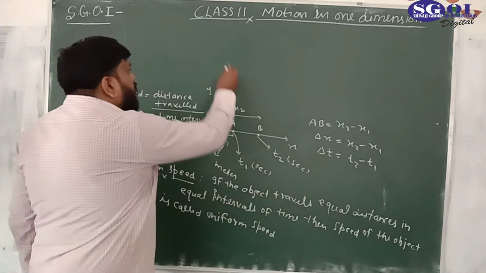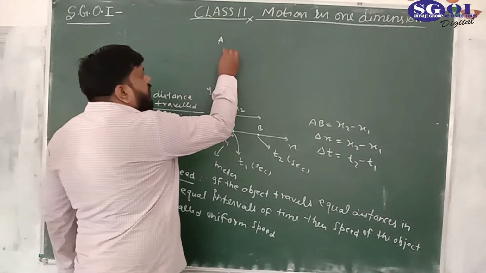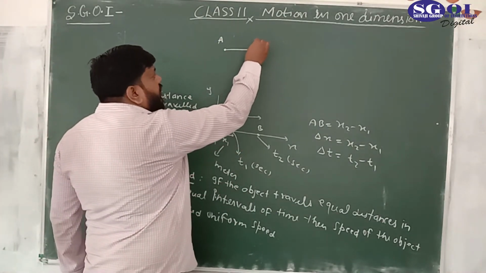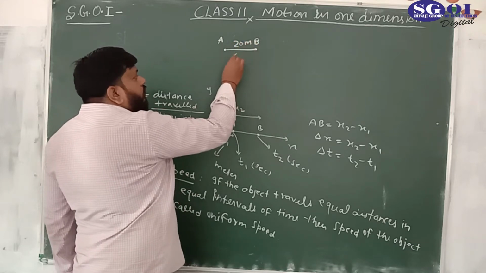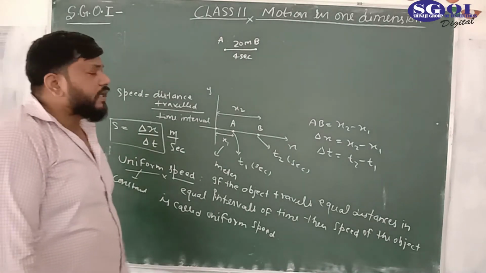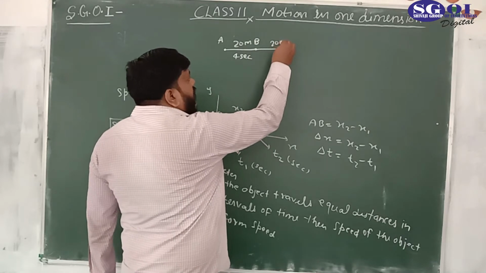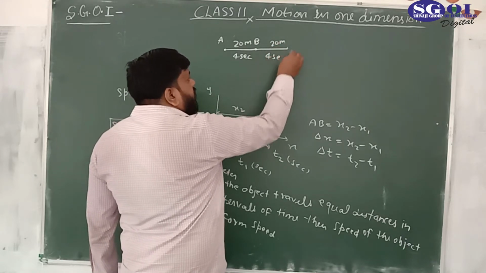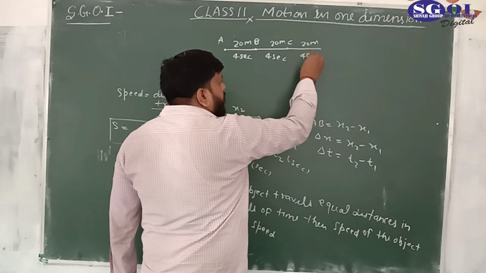Suppose this is the object at place A. It moves in a straight line and travels, let's say, 20 meter in 4 seconds. Next 20 meter again in 4 seconds. Next 20 meter again in 4 seconds.